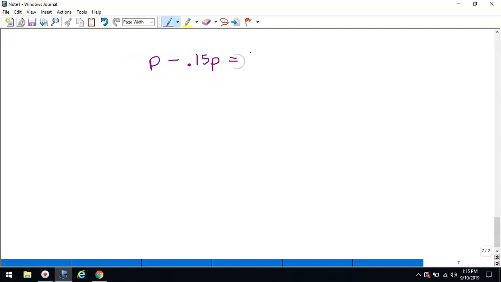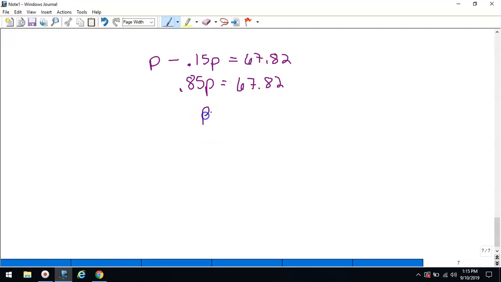My new amount of money was $67.82. Okay, so this is going to be 0.85. 85% of the original price is going to be 67.82.